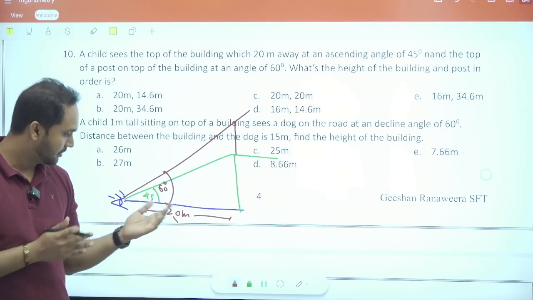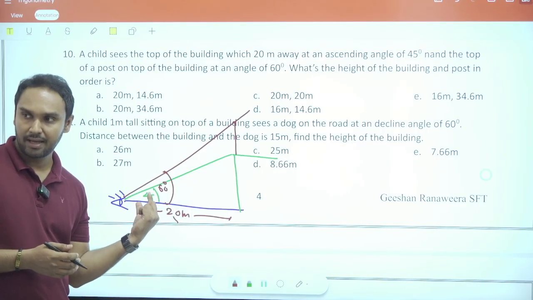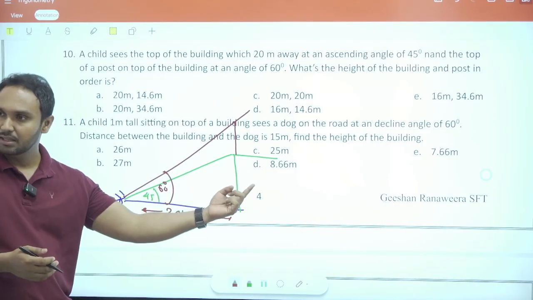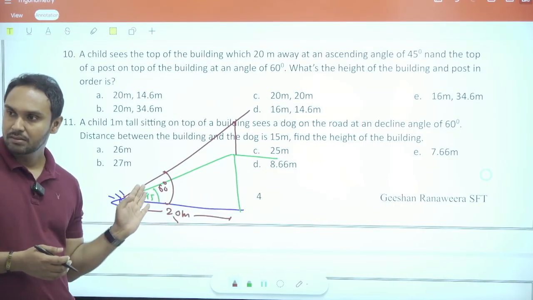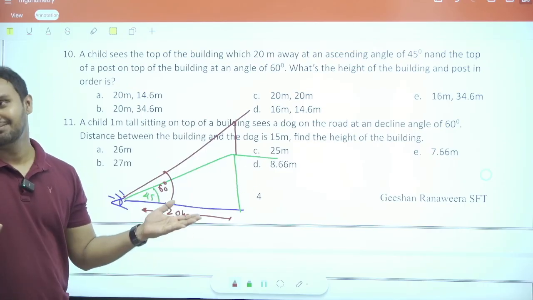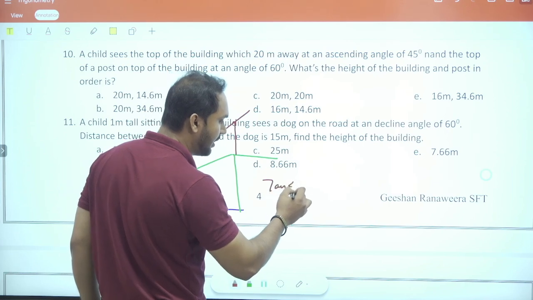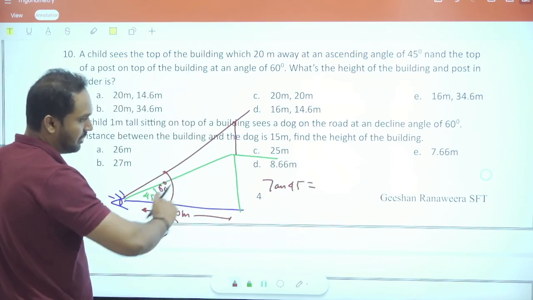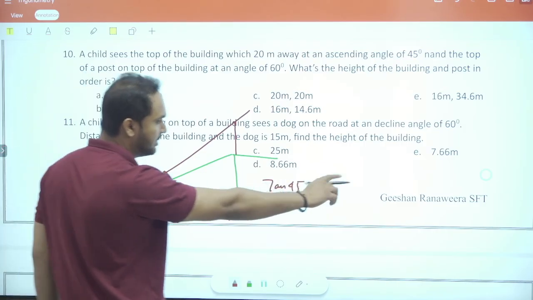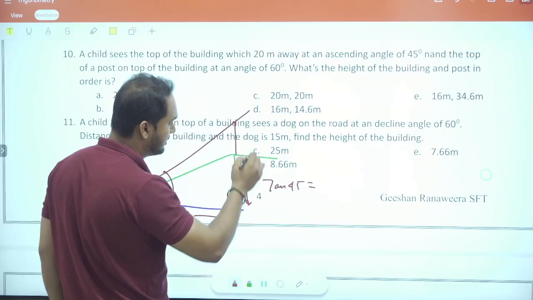Which should you put? Look at the values. Relative to the angle, this is the adjacent, and the building is the opposite. So adjacent, opposite, what do you put? So tan 45 equals opposite over adjacent, which is, I will take this as x, this as y.